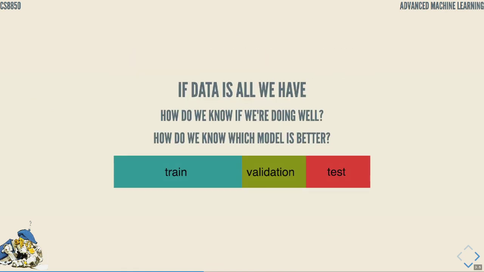Now, if data is all we have, this is as we started with computational learning theory, right? In the Bayesian world, with the Bayesian approach, we have distributions of the data, or at least assumptions about the distribution.